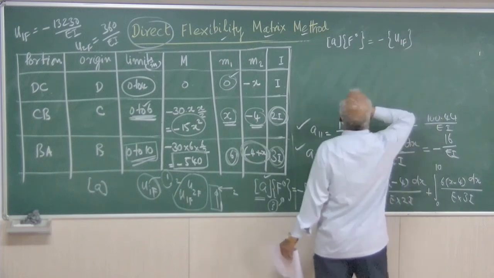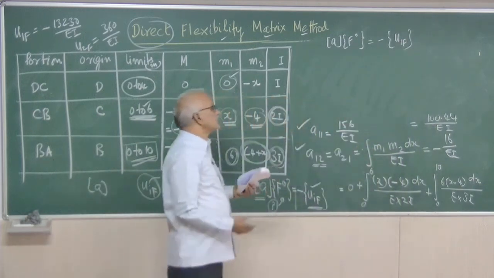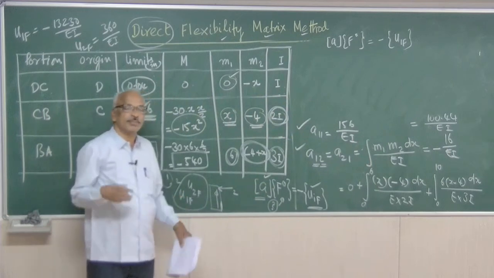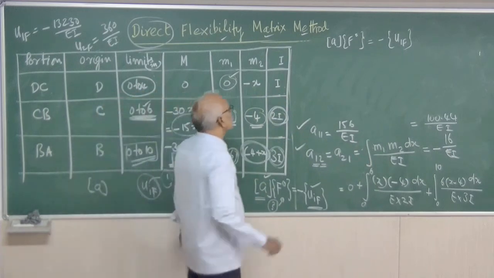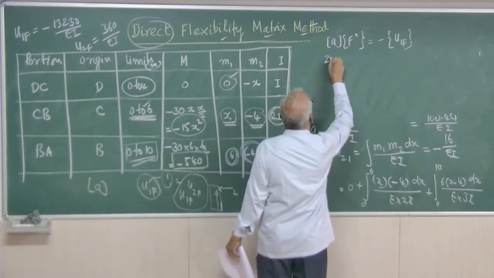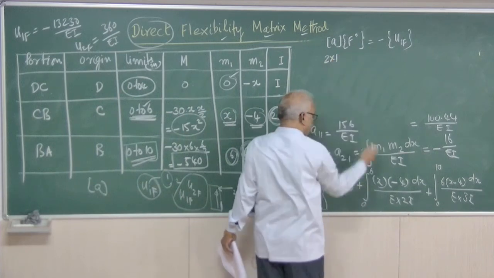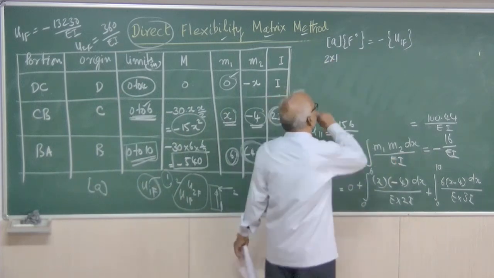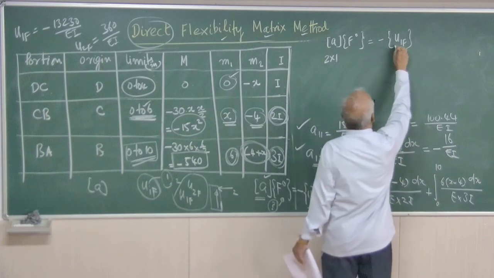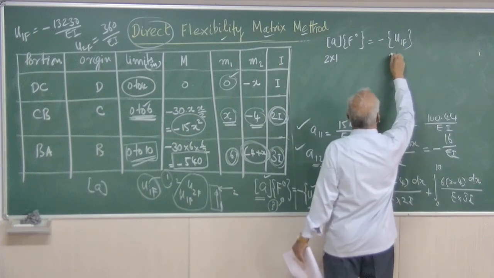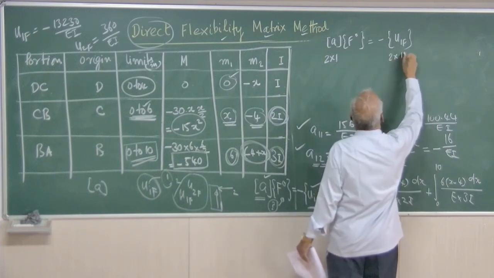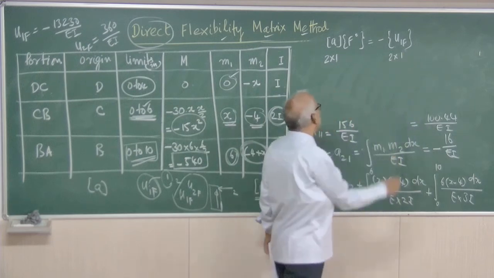We know that the structure is statically indeterminate to 2 degrees. Therefore, the size of the flexibility matrix will be 2 by 2, and there are 2 coordinates, so there will be 2 displacements. So it is a 2 by 1 vector.